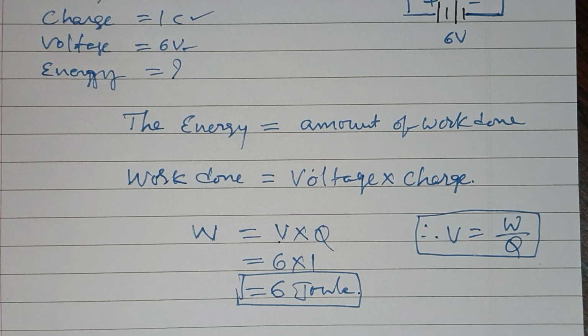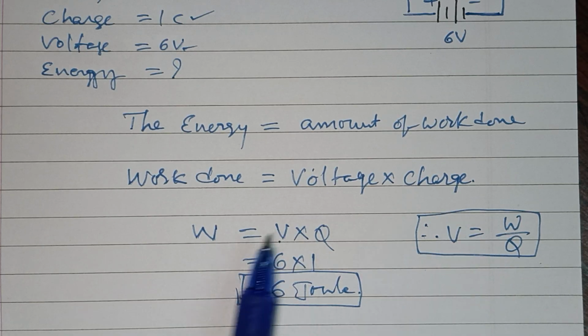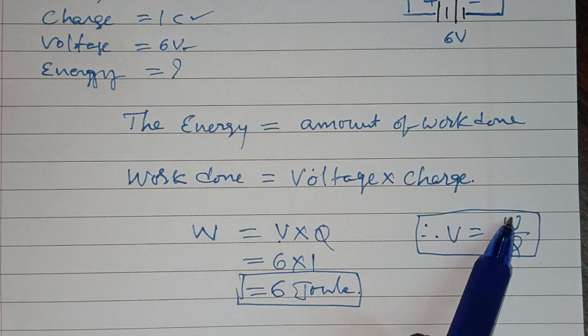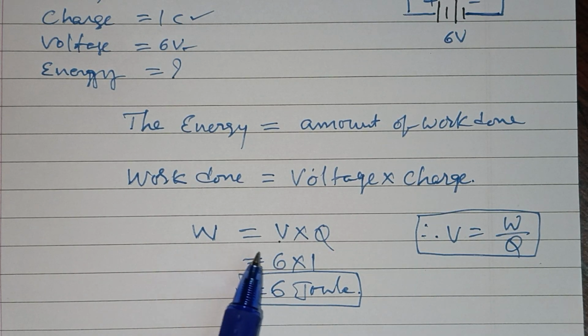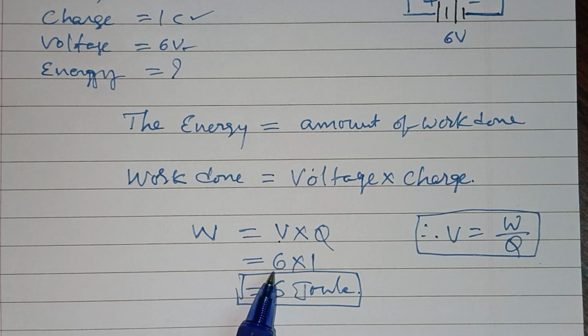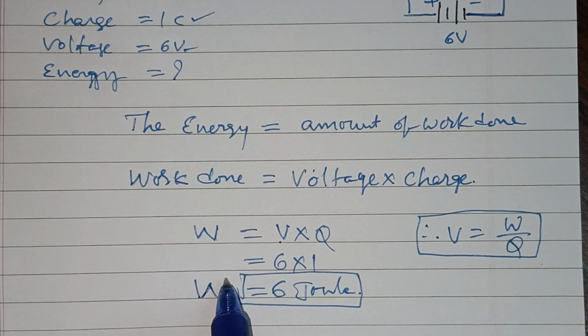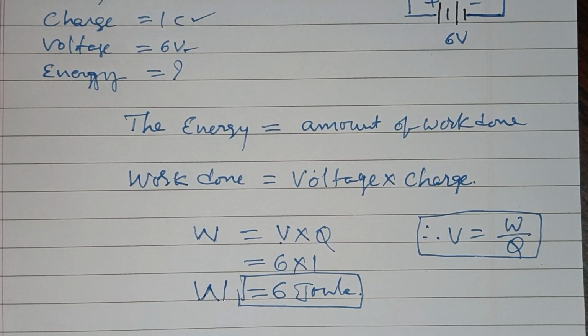So according to the voltage formula, V equal to W by Q, taking W out, W is equal to V into Q. We know V is 6 volts, Q is 1 coulomb, 6 into 1 is 6 joules. So the energy required to push 1 coulomb of charge through a 6 volt battery is 6 joules.